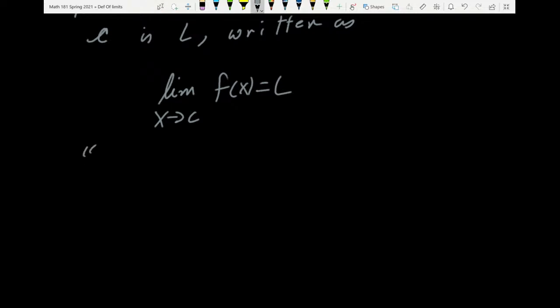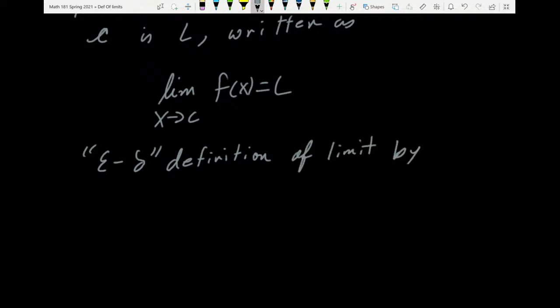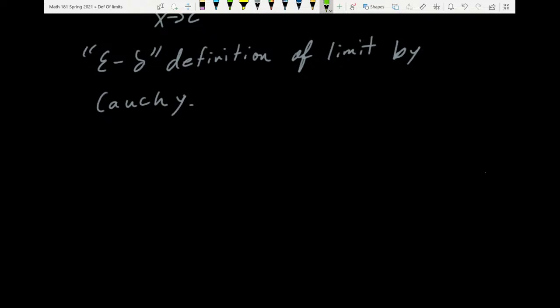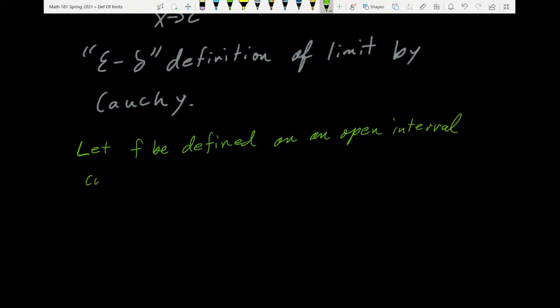It's also known as the epsilon delta definition of limit by Cauchy. Let f be defined on an open interval containing C, and L be a real number.